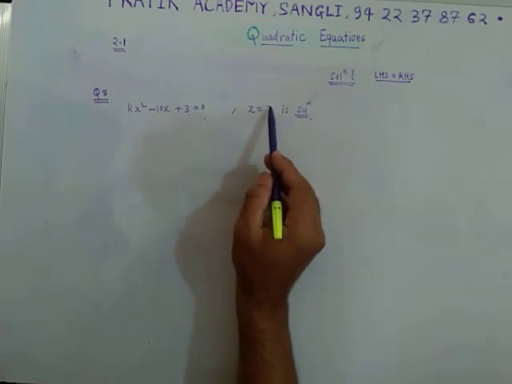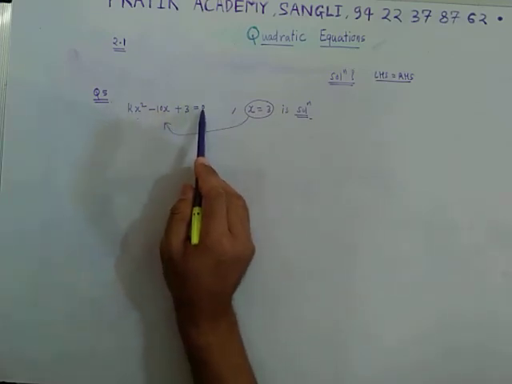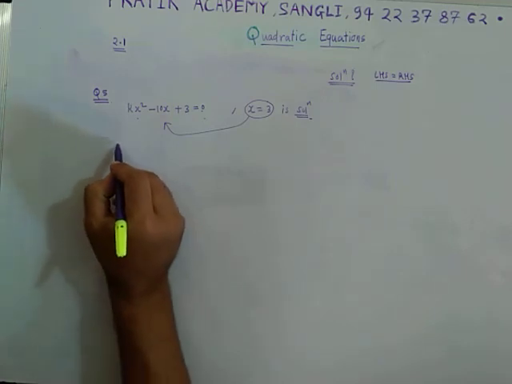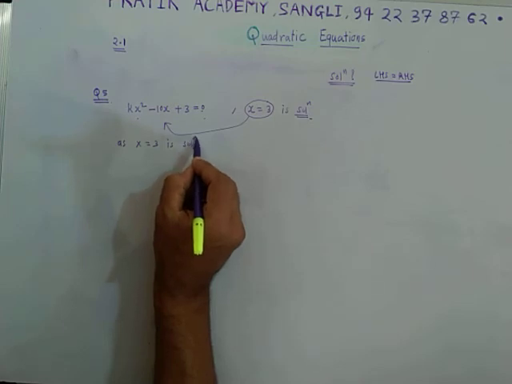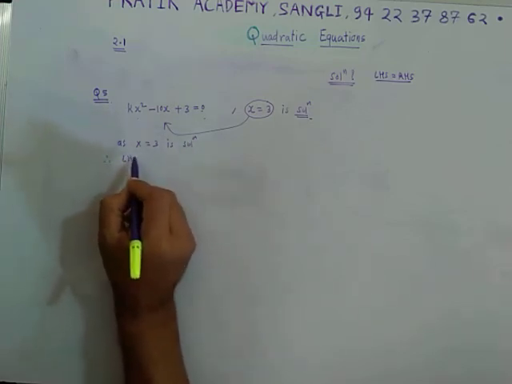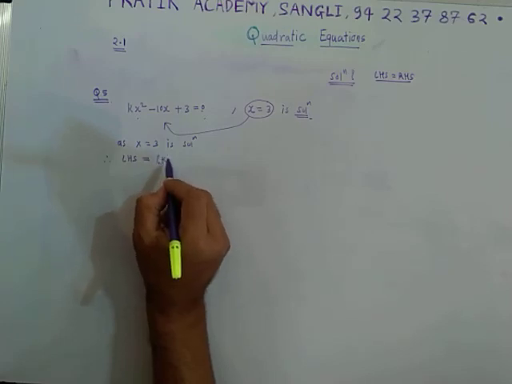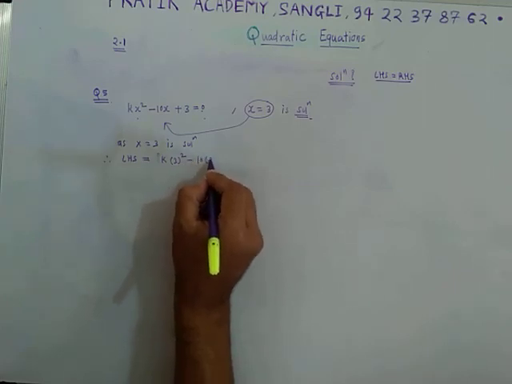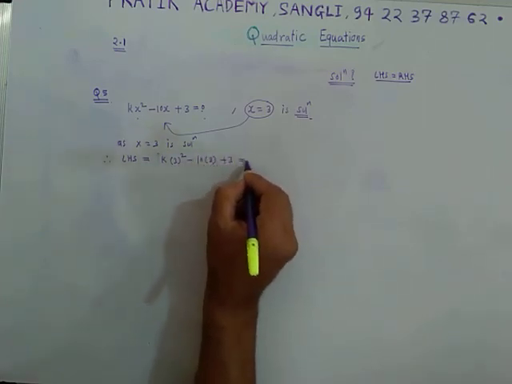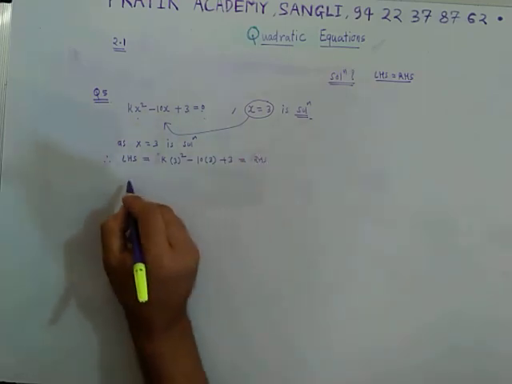That means if we put x = 3 in this equation, LHS becomes equal to 0. So as x = 3 is a solution, LHS is k × 3² − 10 × 3 + 3, which is equal to RHS.